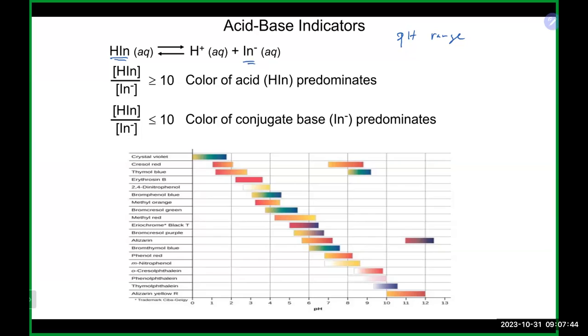So here's a list of ones. You can see some change multiple colors, some change kind of one color. Like, for example, crystal violet, there's some yellowish to greenish to bluish, depending on where you're going. But it works in a very acidic range, which obviously is in this range of like less than 2 in terms of the pH.